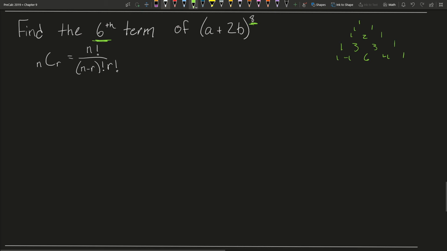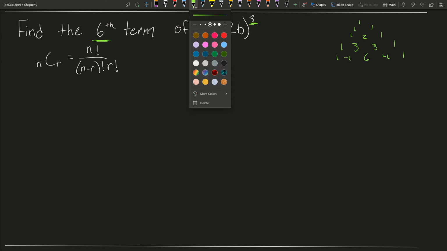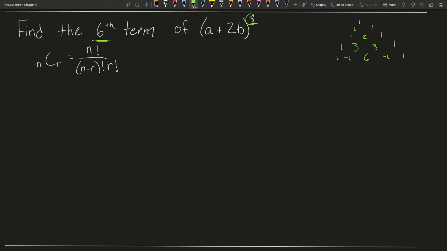Now, something to keep in mind, because we have the eighth expansion, there are really 9 terms, right? There will be x to the 0, x1, x2, x3, all the way up to x to the 8th. And that should be reverse order, so it really starts at 8.